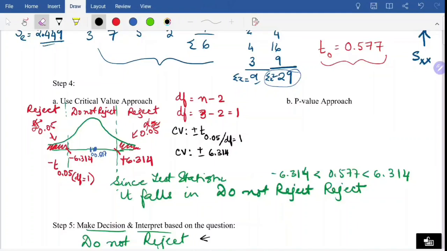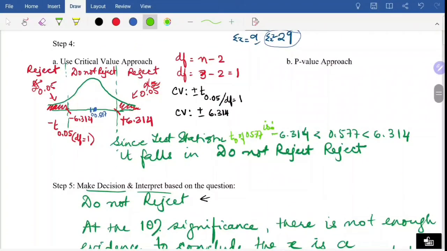Since test statistic t sub 0 of 0.577 is, and you can demonstrate it like this, negative 6.314 less than 0.577 less than 6.314, which tells that 0.577 falls somewhere between the two cutoff points, right? So it falls in the do not reject region. Therefore, we do not reject the null hypothesis.